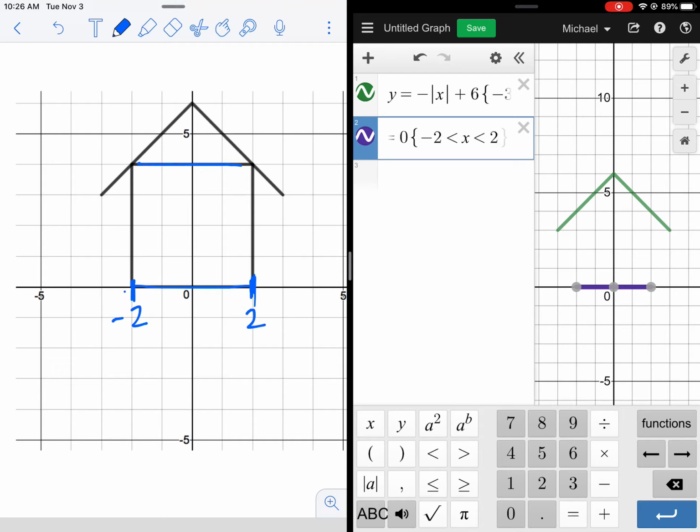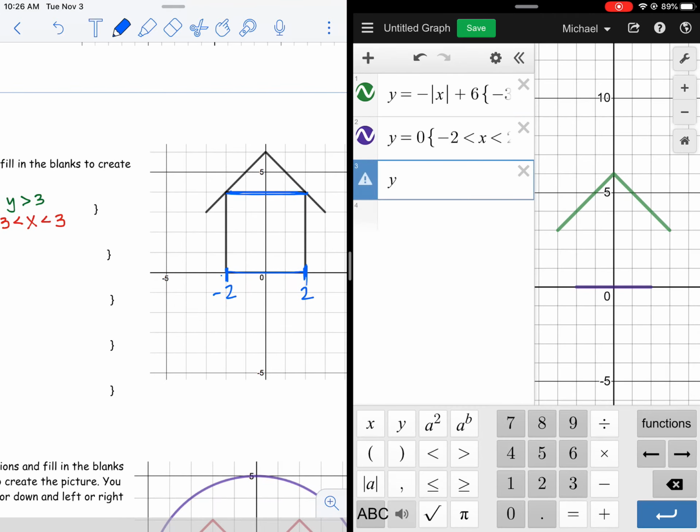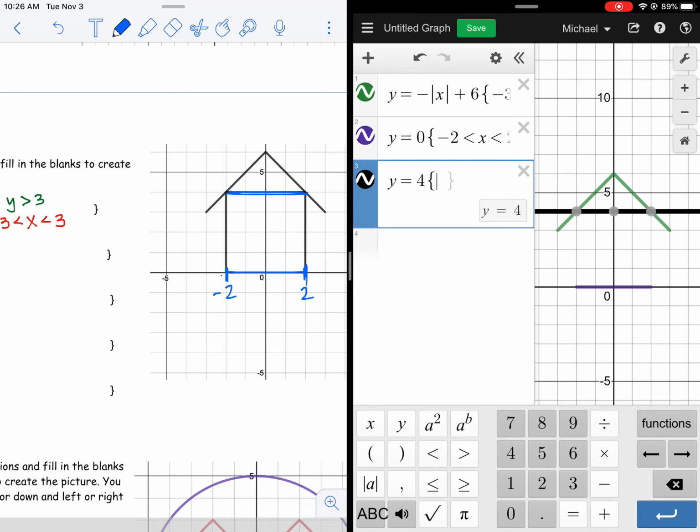We can do the same thing for the top of the house here, but that's going to be y equals 4. There's the top of the house, and I'm going to cut it off at the same spots. So I go to my brackets, -2 less than x less than 2. And there's the top of the house.